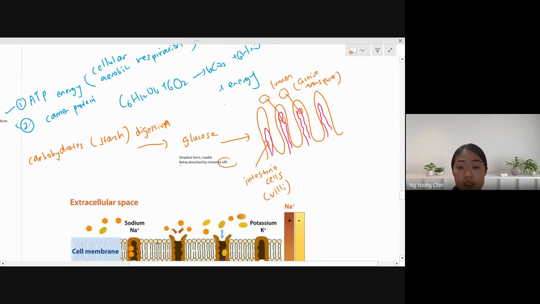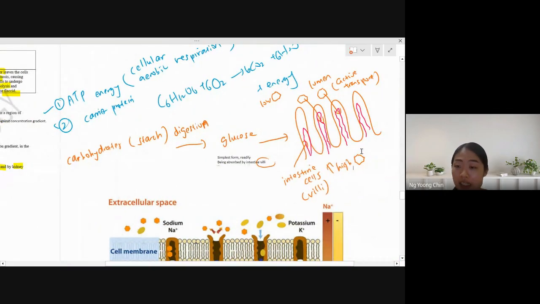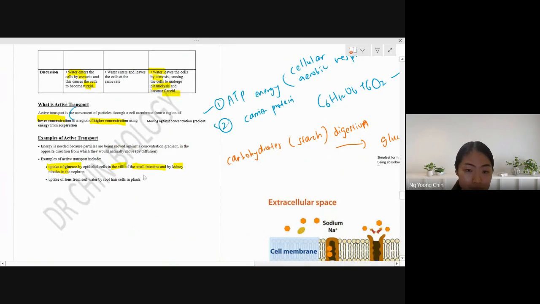So this moves glucose into the cell which has the high glucose. Okay, so you should know that our intestine villi absorb the glucose through active transport. This is one example.